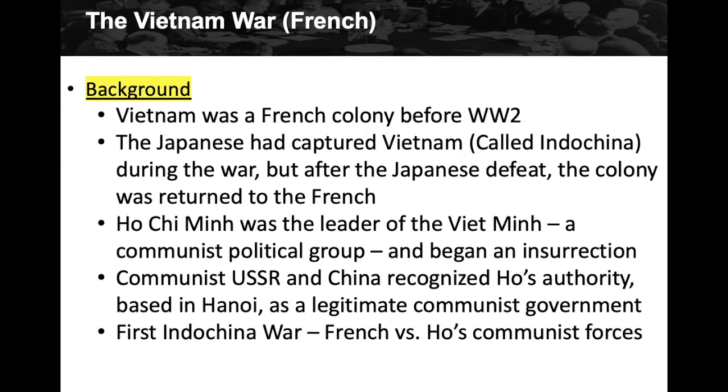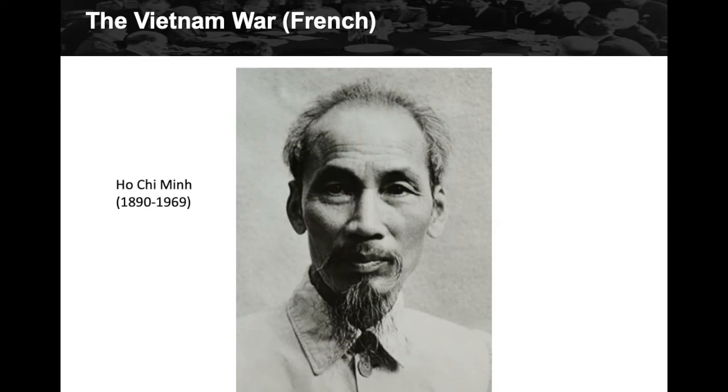And so this insurrection turns into the First Indochina War, which is the French versus Ho Chi Minh's communist forces, backed by the USSR and China. The Second Indochina War is what we call the Vietnam War. But the First Indochina War was between the French and Ho Chi Minh's forces. There's a picture of Ho Chi Minh, 1890 to 1969.